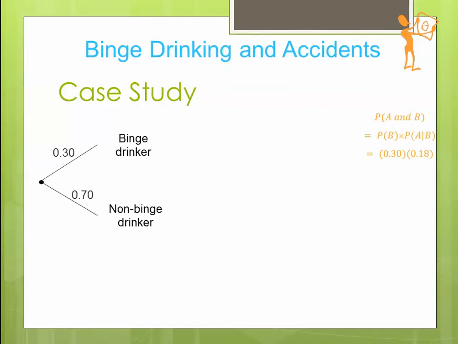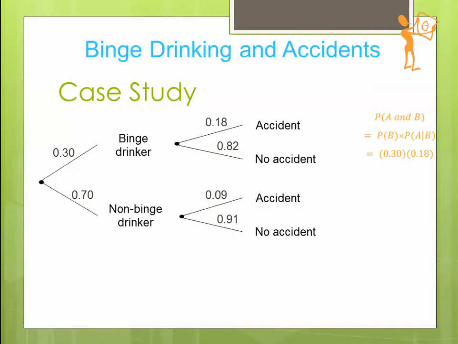Okay, ignore this stuff over at the side for now. That's an explanation for how we get there, but we have to do this first, okay? So we have binge drinkers and non-binge drinkers. 30% of the campus is binge drinkers. That's where this 0.30 up here comes from, which leaves 70%, 0.70, to be non-binge drinkers. That's the first segment of our branches.